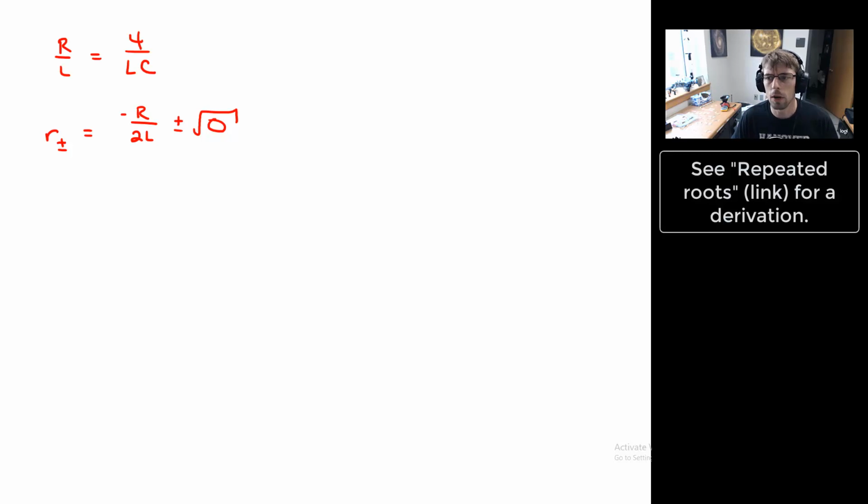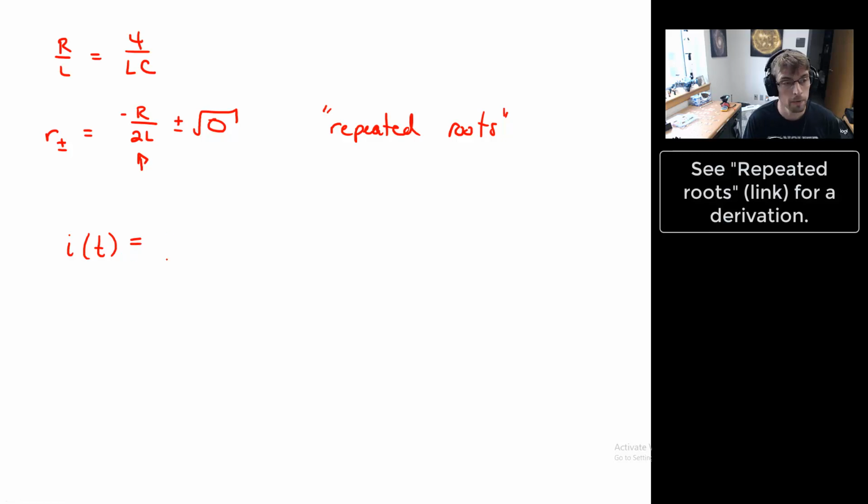Okay. So this is called a situation with repeated roots. That's because the R plus or minus gives you the same exponential. What the actual solution is here, if you're dealing with a second order differential equation, is going to be something along the lines of the exponential decay, e to the negative R over 2L times t.